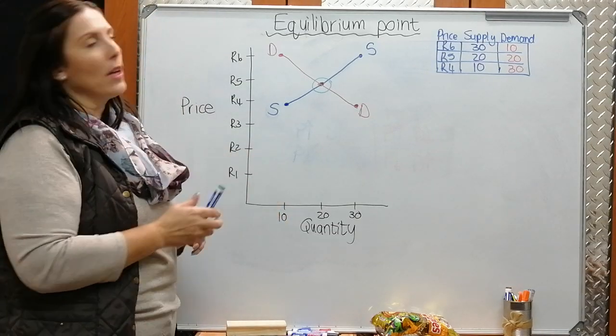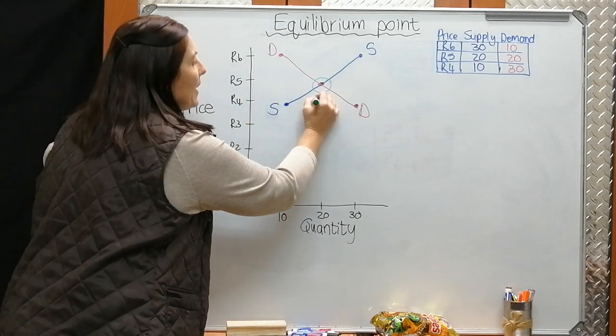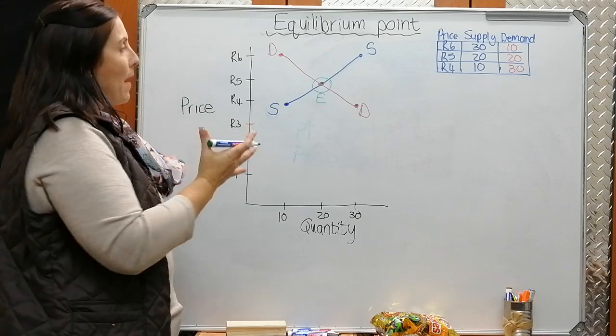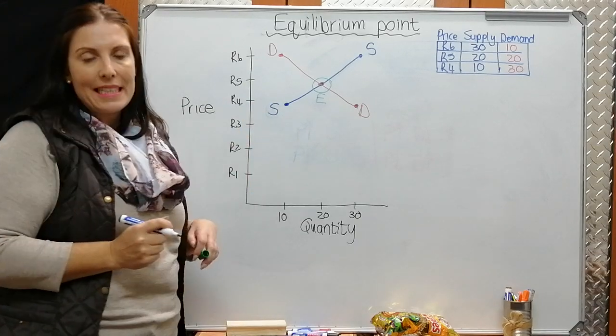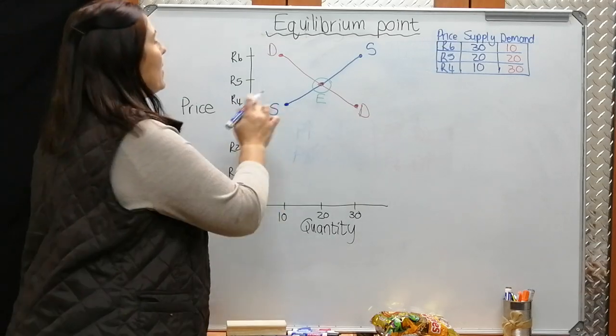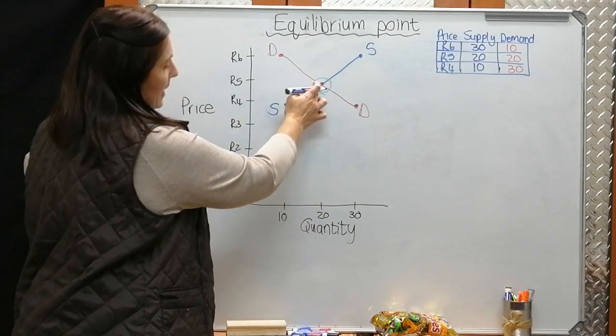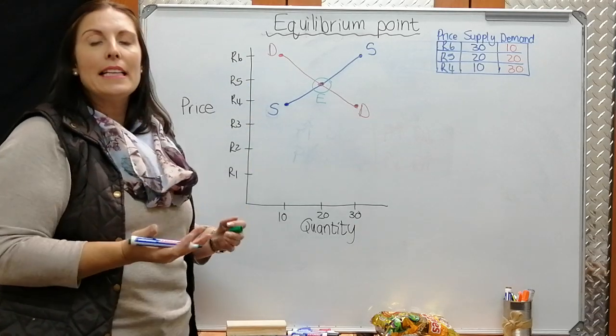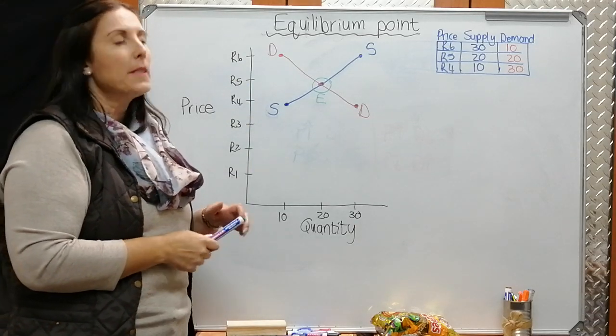So where is our equilibrium point? We normally indicate that with an E. If I ask you to explain what the equilibrium point is on this graph, it would be 20 packets of chips at 5 Rand each, and that is our equilibrium point.